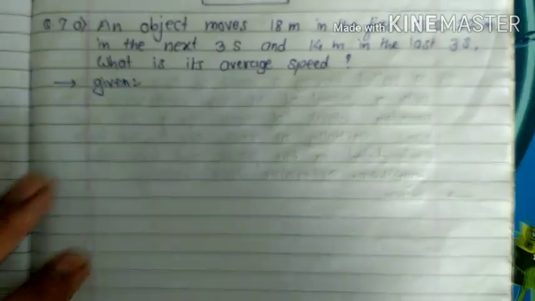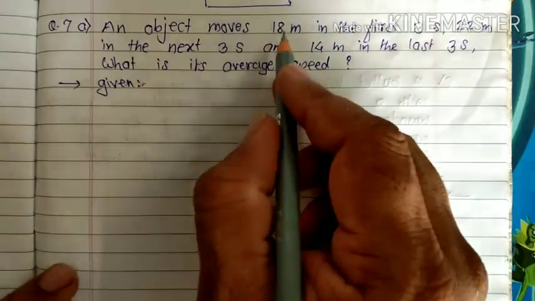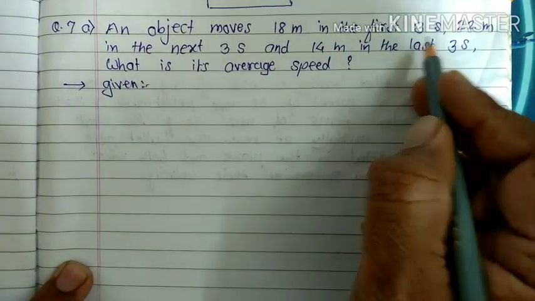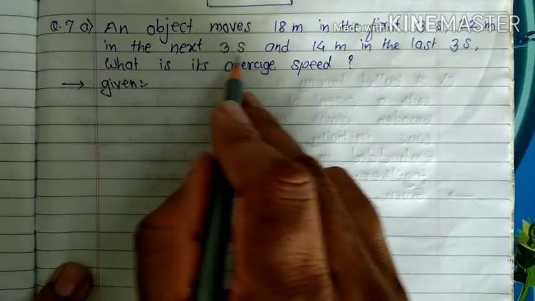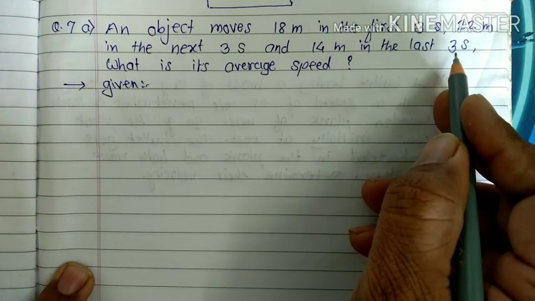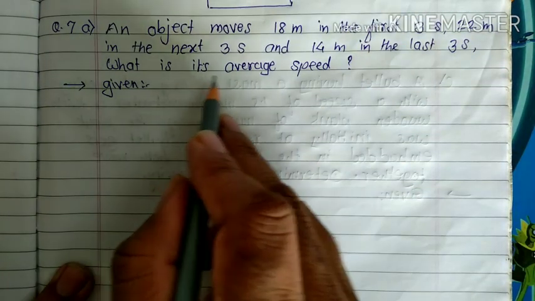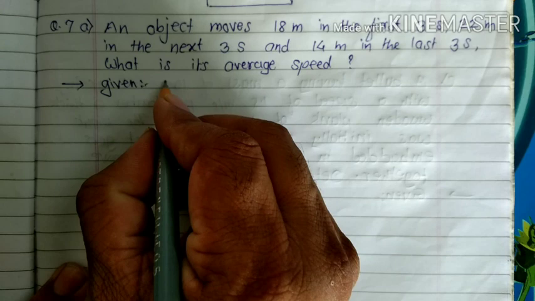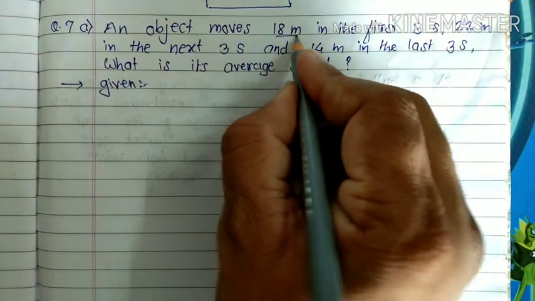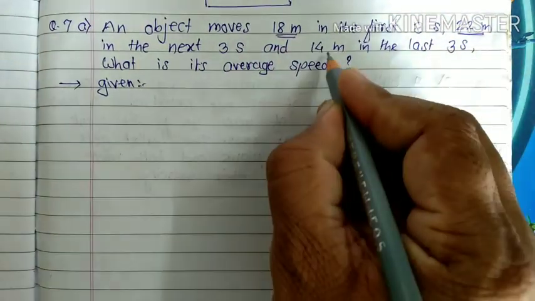An object moves 18 meter in the first 3 seconds, 22 meter in the next 3 seconds, and 14 meter in the last 3 seconds. What is its average speed? So given three distances are given.